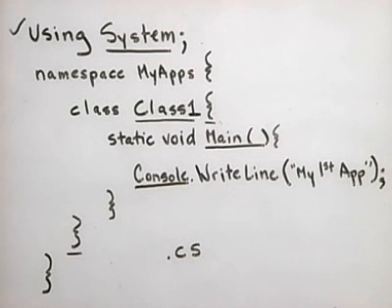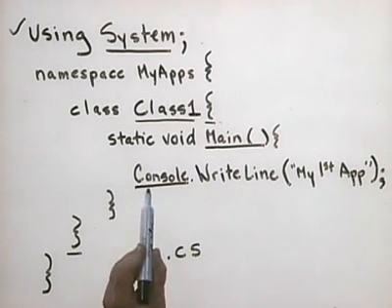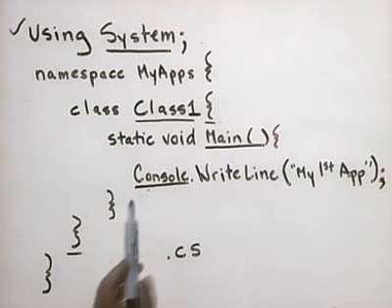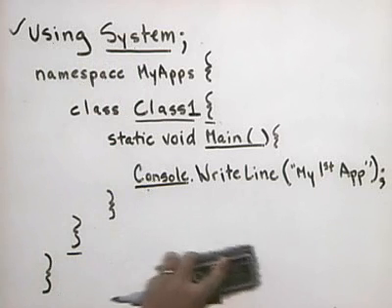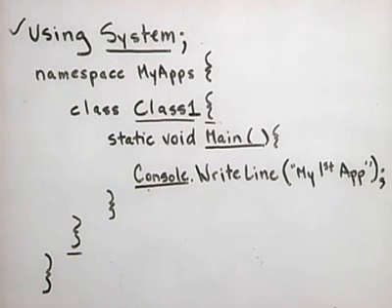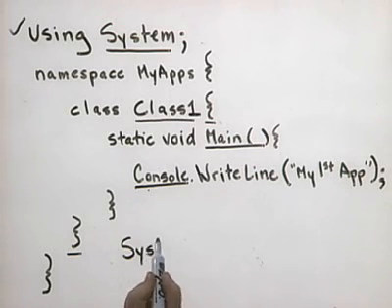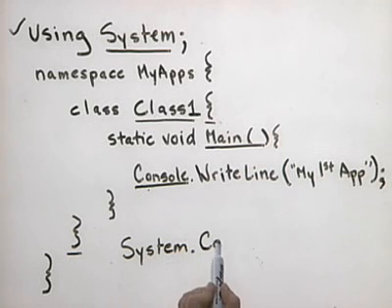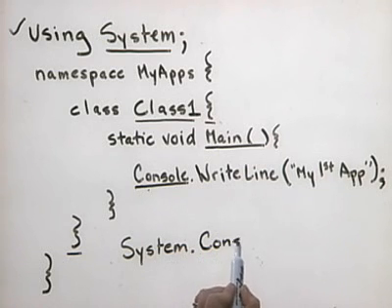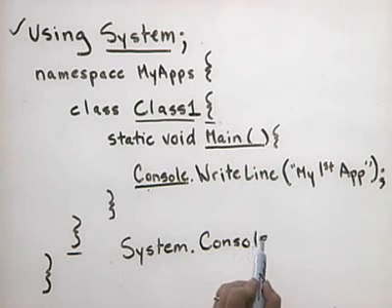What the using directive allows us to do is not to have to fully qualify this console class. By putting using and then system at the top, I don't have to fully qualify that console class when I reference it. So if I hadn't had the using system, I would actually have to precede the console class name with the name of the namespace that console belongs to.